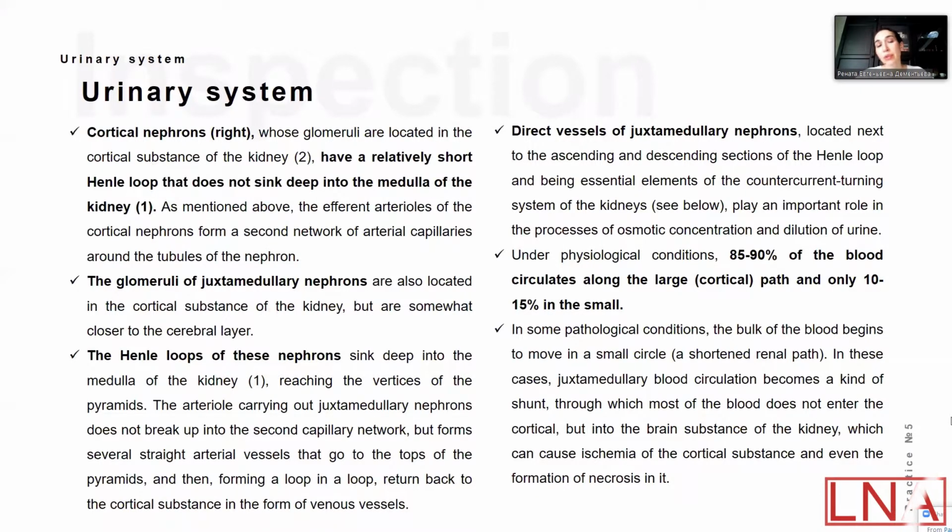The glomeruli of juxtamedullary nephrons are also located primarily in the cortical substance of the kidney, but are somewhat closer to the medulla, as if shifted toward the medulla of the kidney.